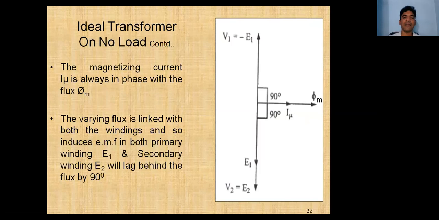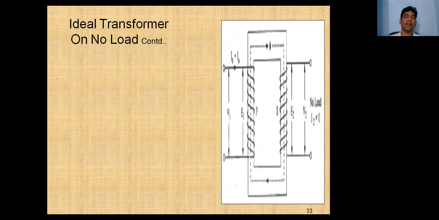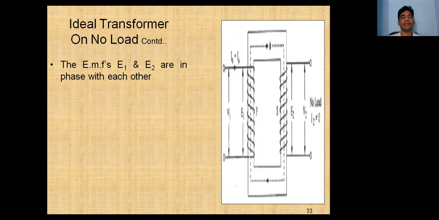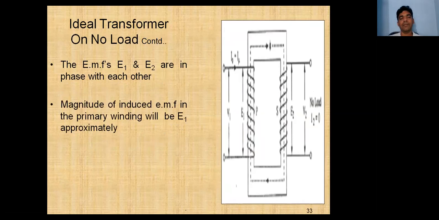The varying flux is linked with both windings, and so EMF induced in the primary and secondary, E1 and E2, will lag behind the flux by 90 degrees. The EMFs E1 and E2 are in phase with each other.